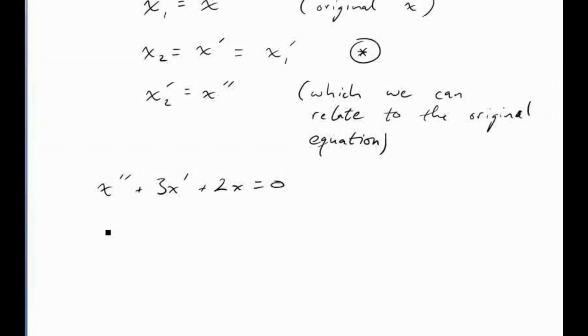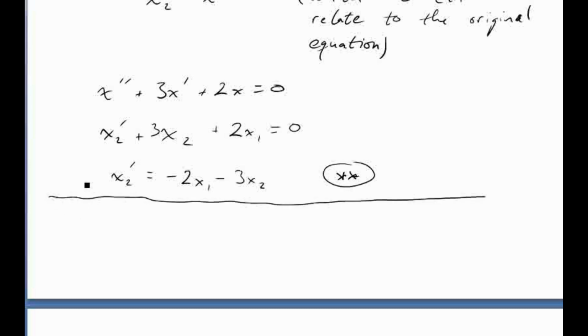So x double prime, also known as x2 prime, plus 3x prime. What's x prime? X prime is the same thing as just x2. And then plus 2x, what's x? In our new language, that's x1, which we would then just solve for the derivative, since we're trying to make a differential equation. So that means x2 prime is equal to, and now we'd want to write the variables in their canonical order, which would be x1 before x2, so that'd be minus 2x1 minus 3x2.